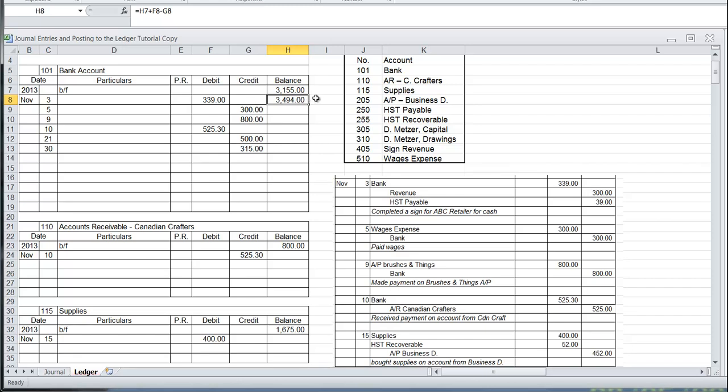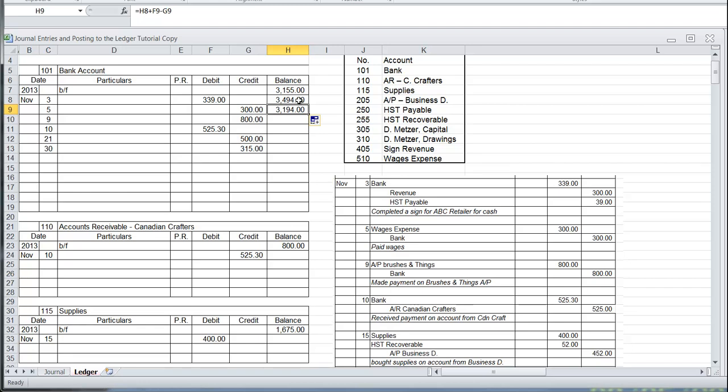As you see, that formula is there now. If I put my cursor on this bottom right hand corner and drag, I'll just do it one cell right now, then this new balance here comes from taking the $3,494 and subtracting 300. You're supposed to subtract the credits from a debit balance account. And so that's what that formula says.